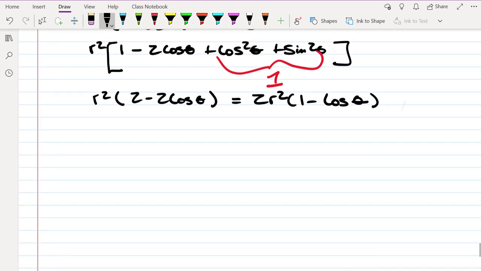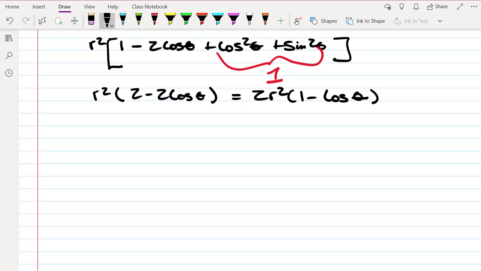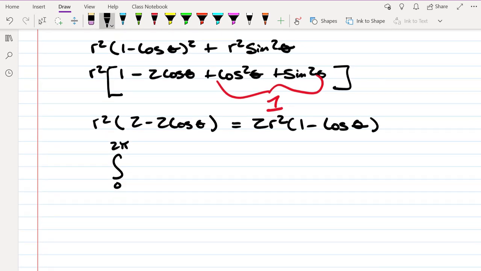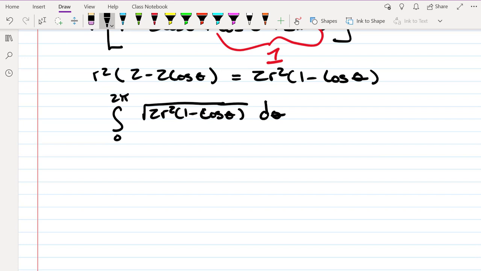So now we want to do this integral. We knew earlier that one arch went from 0 to 2 pi, and then we have what we just simplified, so the square root of 2r squared times (1 minus the cosine of theta) d theta. The 2 and the r squared are constant, so the square root of r squared is going to be r.